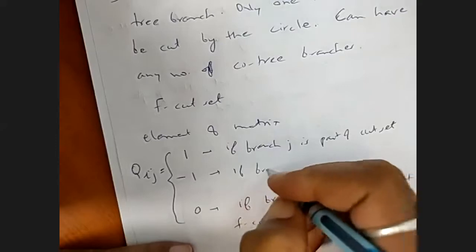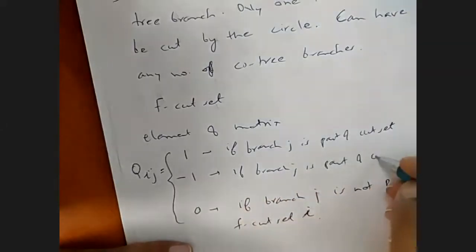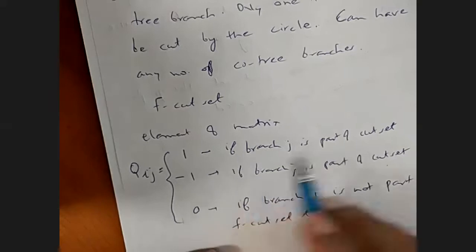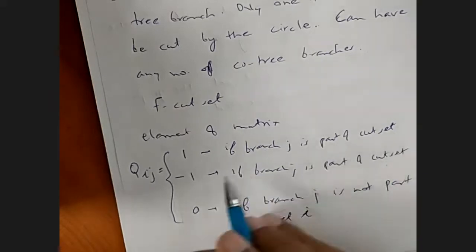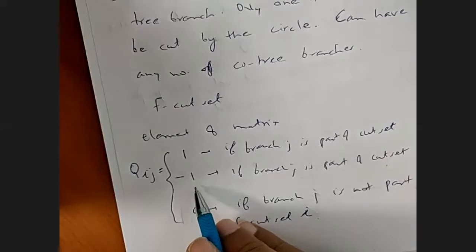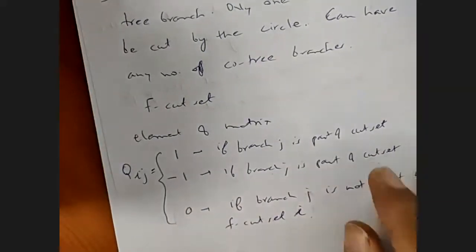If branch j is part of the cut set, तो कट सेट का पार्ट है. Now it will be 1 or -1, so it will be decided on the basis of direction.